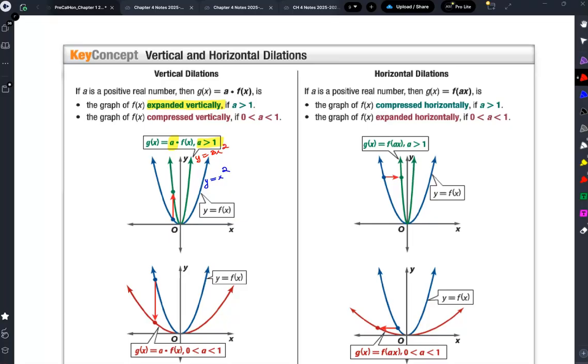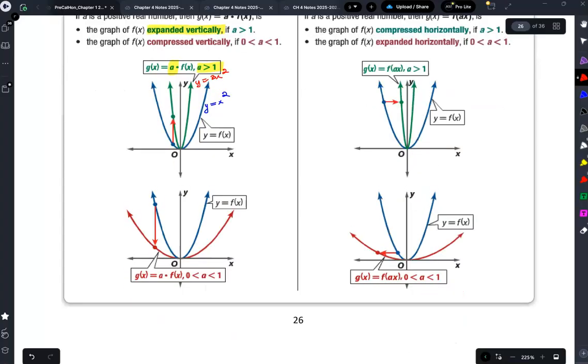So if I go to the left 1, instead of going up 1, I'm going to go up 3, okay? Now, if that number is between 0 and 1, so for example, if this is y equals 1/3 x squared, now if I go left 1, instead of going up 1, I'm going to go up only 1/3. Okay?